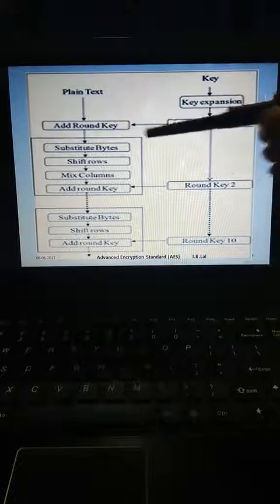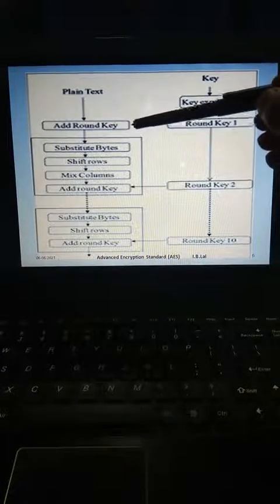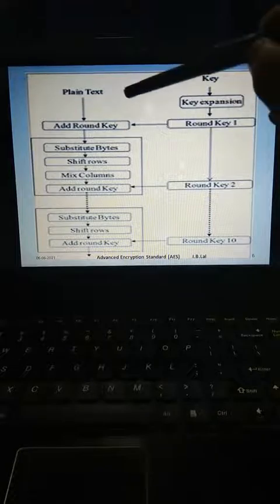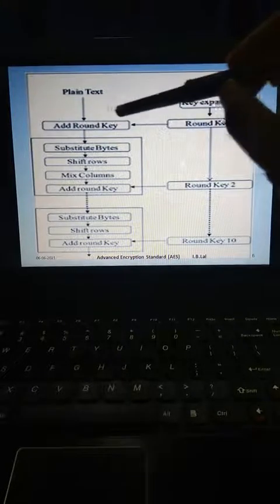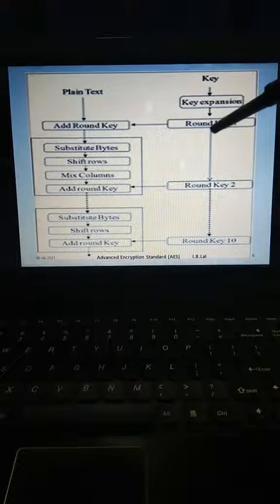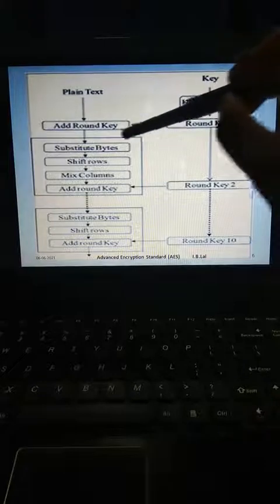Add round key is actually an XOR operation of the sub keys with the plain text. The plain text is XORed with the sub keys extracted from the master key.